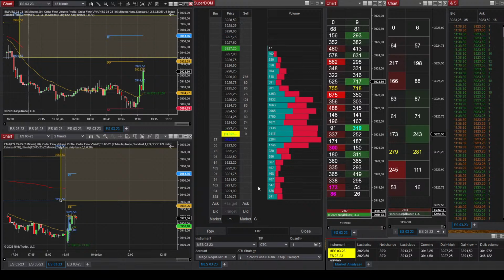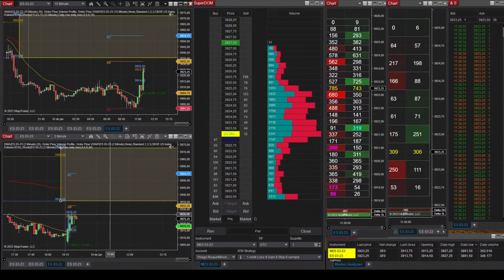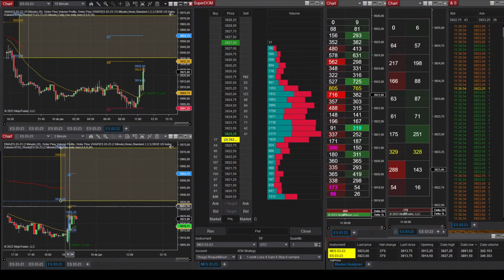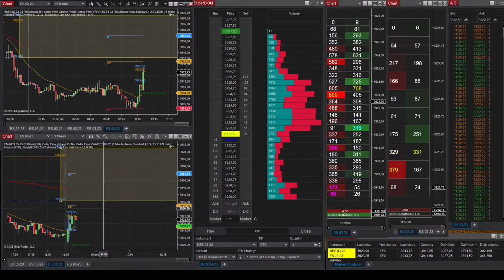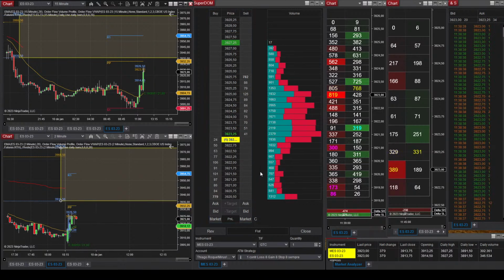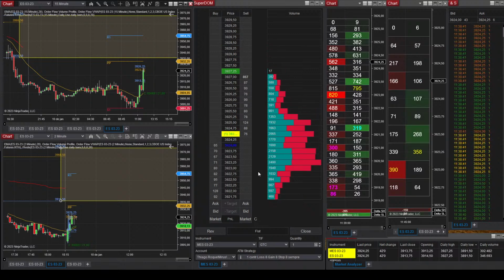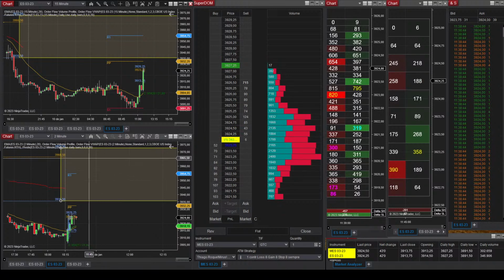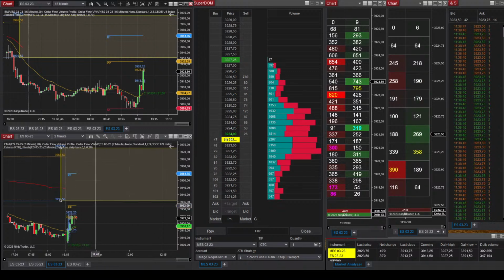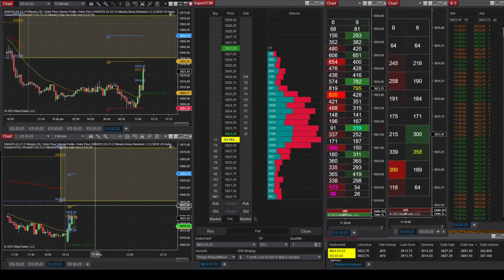Especially because we have the pivot point here at the 32, and failing to reach the 32, trading below the value area and not being able to reach the 32, would reinforce the weakness signal.